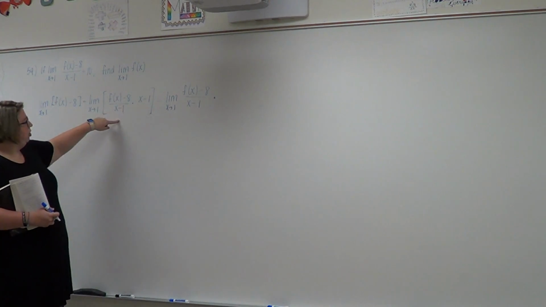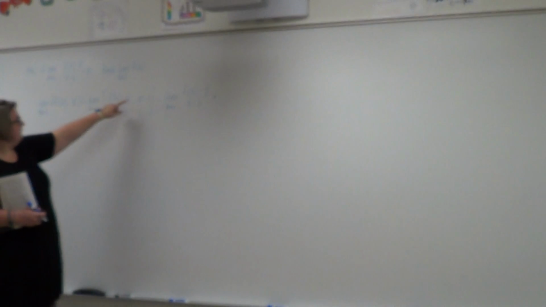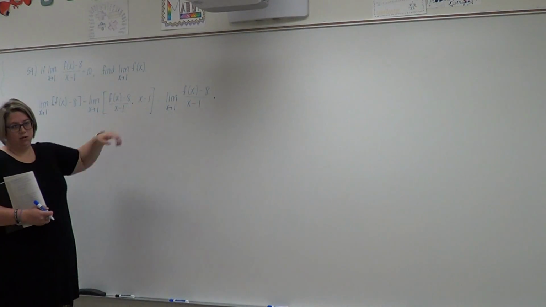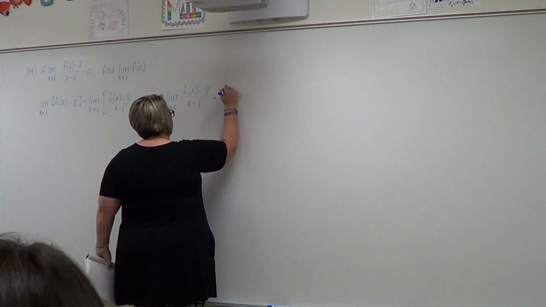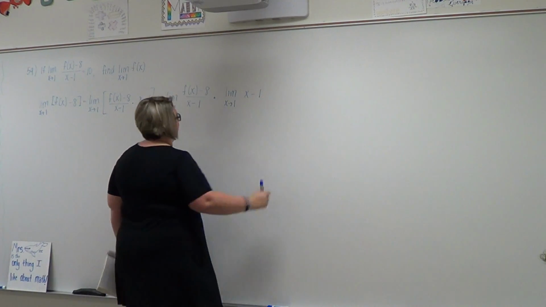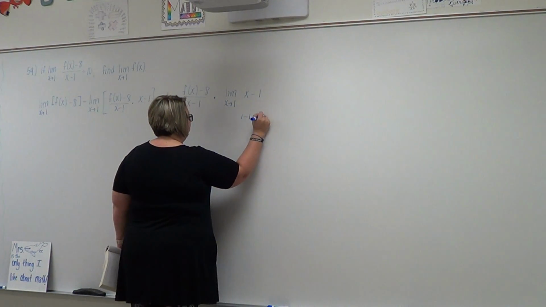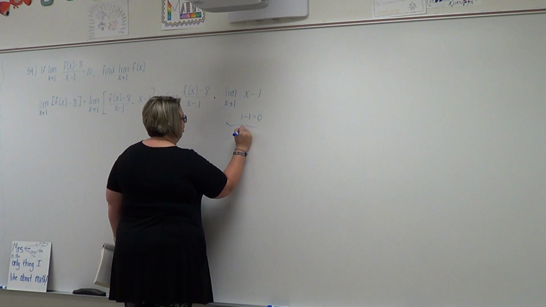If I split up multiplying, that's like I find the limit of the first part times the limit of the second part. Okay, so what is the limit as x goes to 1 of x minus 1? 0. Right? Because 1 minus 1 is 0. So this is going to give me 0.